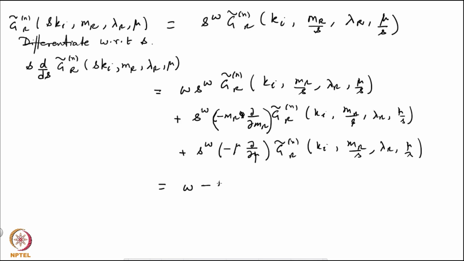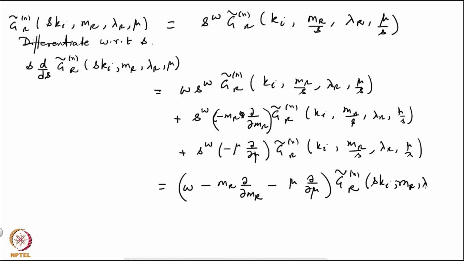So omega minus mr del over del mr minus mu del over del mu acting on g tilde nr ki, mr lambda r mu. Let me tell you why.